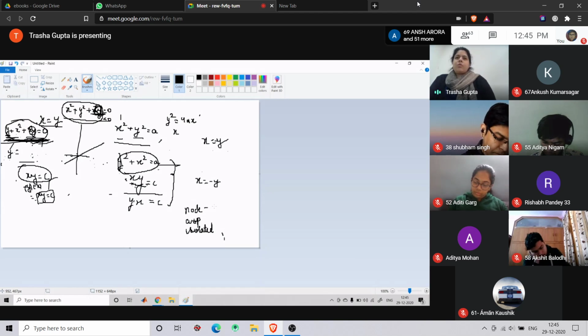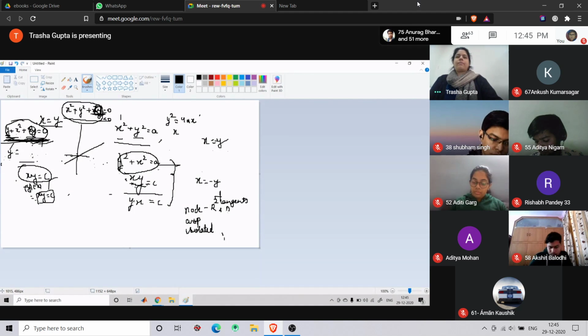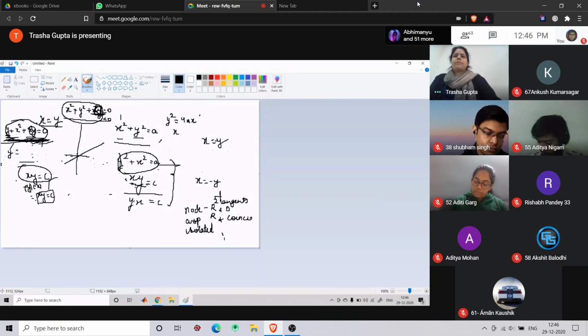If the two tangents are real and coincident, then it is a cusp.